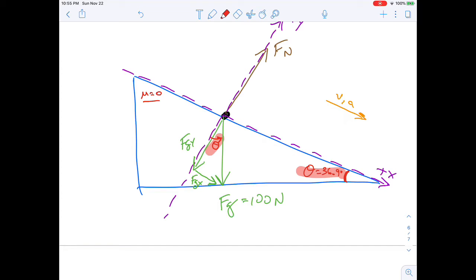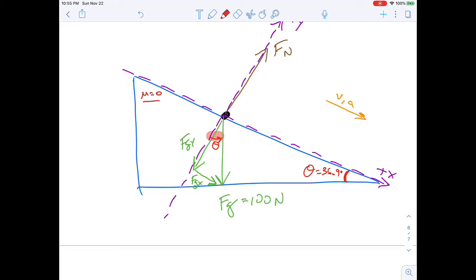Again, this angle of the ramp is the same as the angle in the gravitational component triangle, as long as you go from the negative y-axis to the hypotenuse. If you go this direction, that's obviously not going to work.